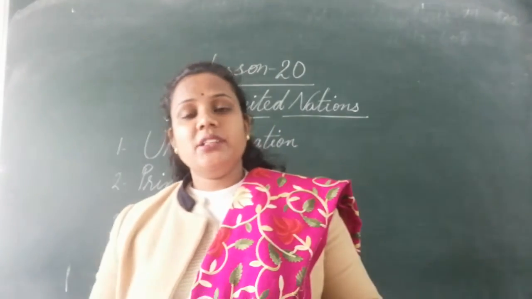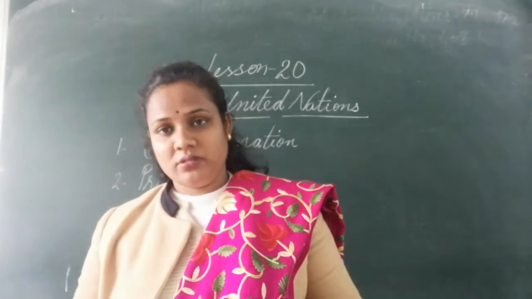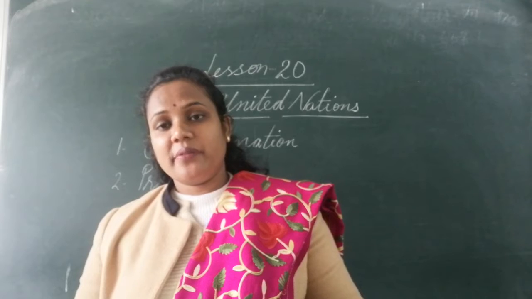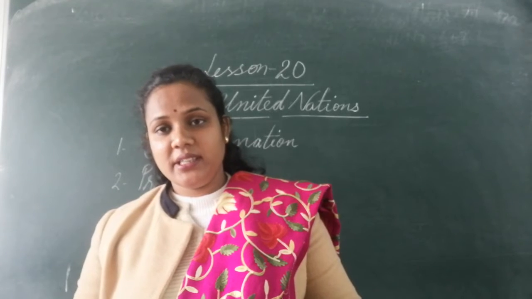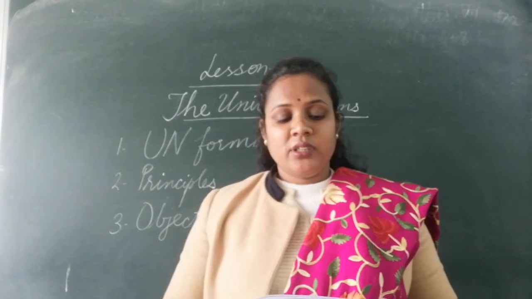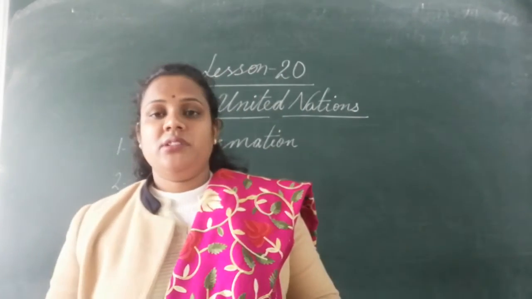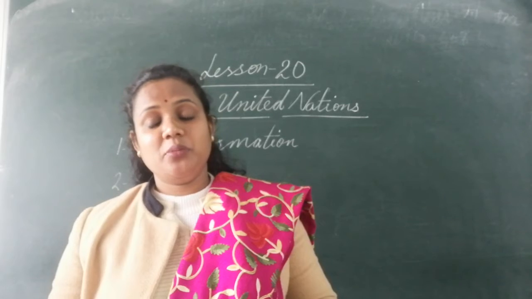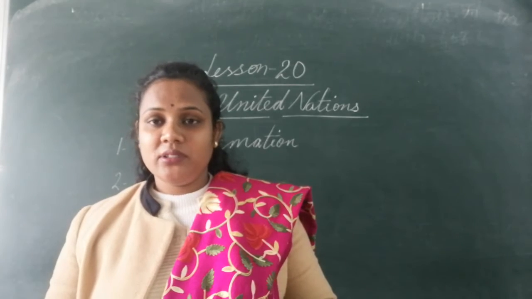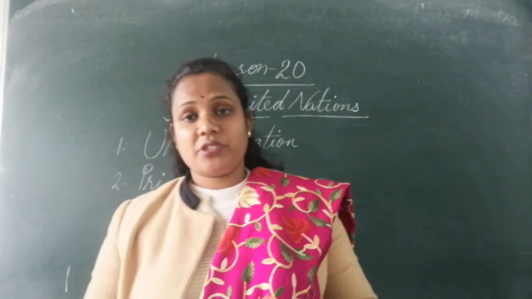At the end of the First World War, when all the nations were fighting with each other, जब विश्व युद्ध प्रथम खत्म हुआ, so what happened? There was a lot of destruction.